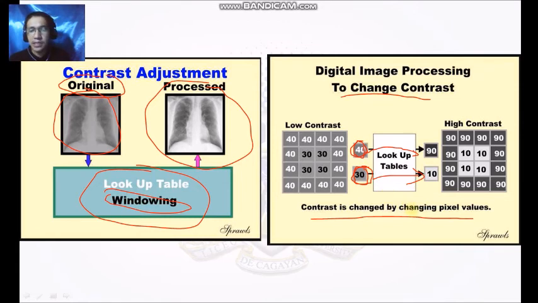So that is basically what the lookup table and the automatic scaling is doing. It's trying to pick up the original values and then process the image based on the values that were set already by the manufacturer or by the engineers based on the examination that was required.